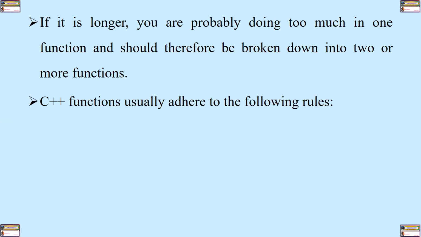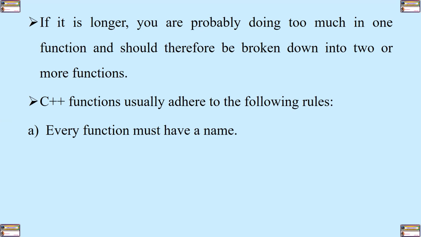C++ functions usually adhere to the following rules, or these are the rules that you must observe when breaking down your program into functions. Number one, every function must have a name, and this name must be clear, and should be able to identify the activity that the function is performing.